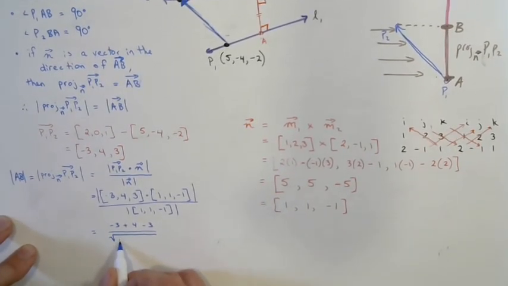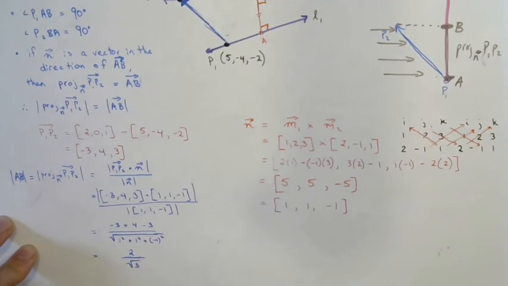So that's 1 squared plus 1 squared plus negative 1 squared. The top here is negative 6 plus 4, which is negative 2. And the bottom is going to be 1 plus 1 plus 1. That's radical 3.